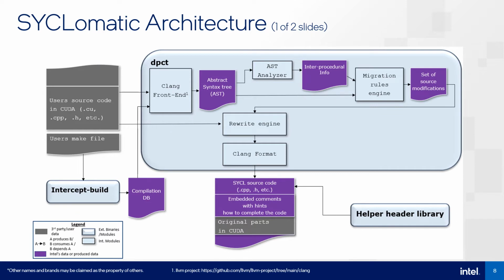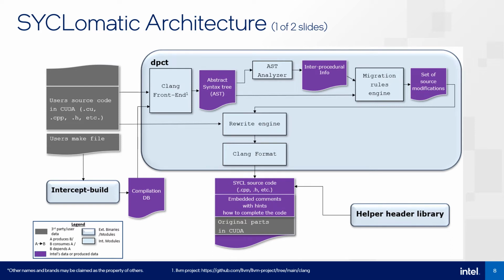The rewrite engine. It does cleanup of duplicated source modifications, solves conflicts among source modifications, and applies the final source modifications to the original CUDA code to generate SYCL code. Clang-format: it formats the migrated code to make it easier to read.